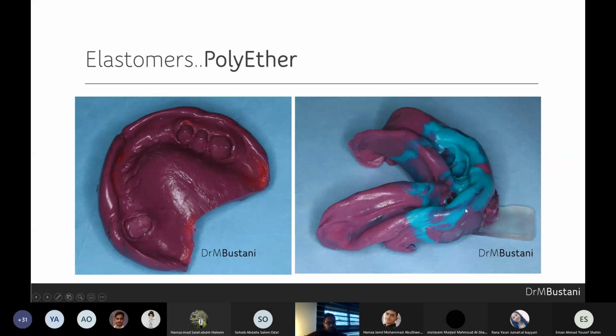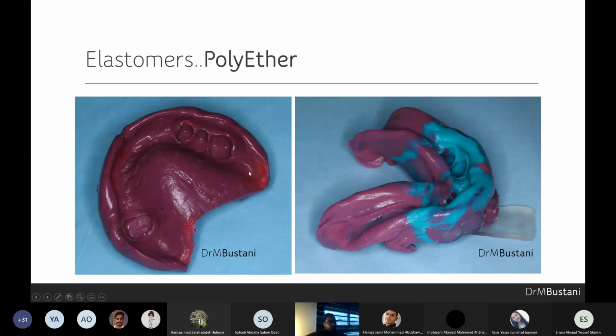It was only made in one consistency, the medium bodied consistency. Nowadays we have two consistencies, the medium body and the light body as well. Okay. If you can see in this area, we can see a little bit of red material.